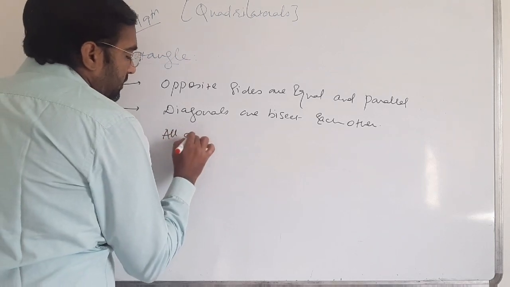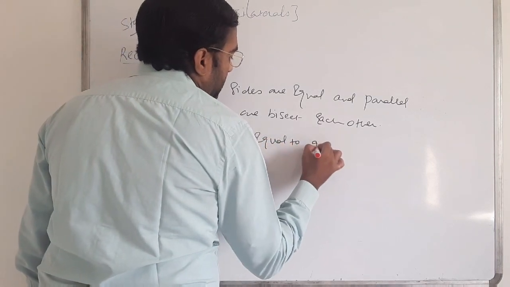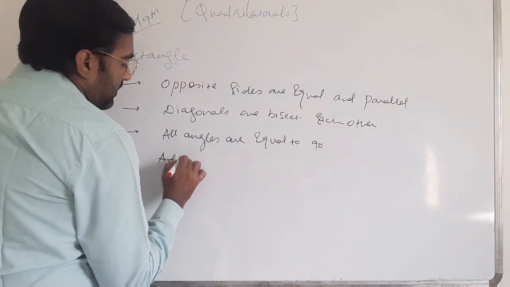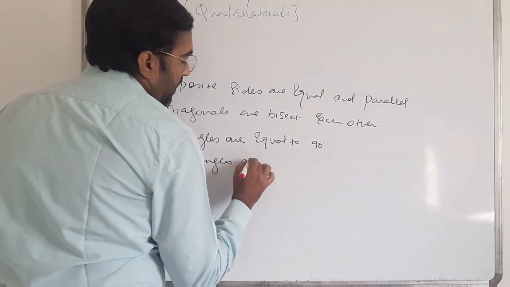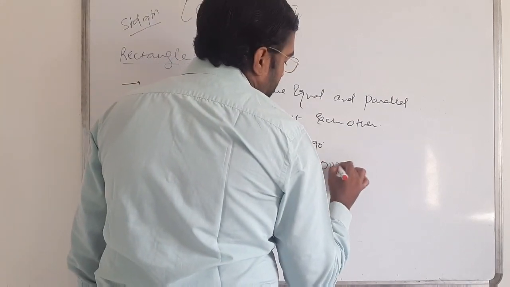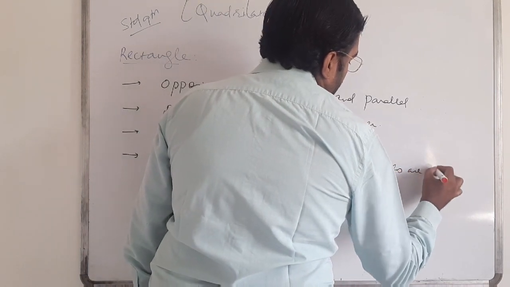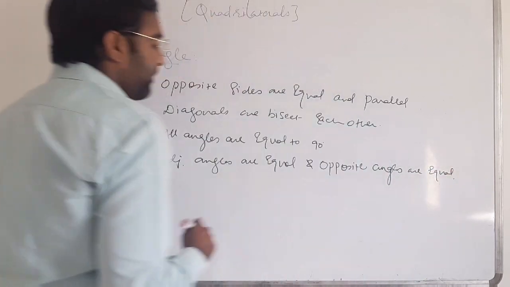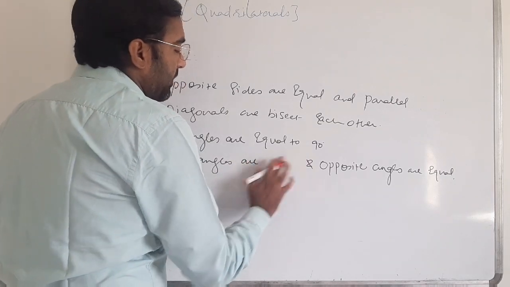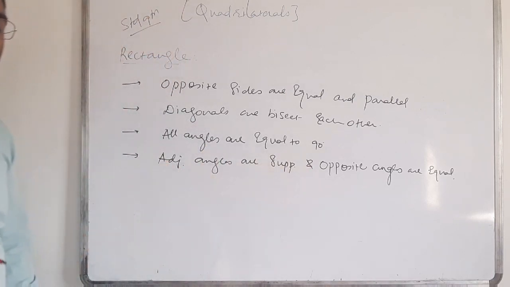All angles are equal to 90 degrees. Adjacent angles are supplementary and opposite angles are equal.